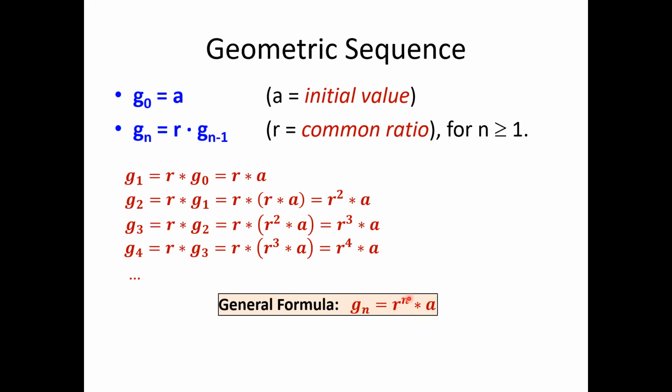It's r to the n times a, and it's an easy exercise by induction to prove that this closed formula correctly characterizes the sequence defined using a recurrence relation like this.